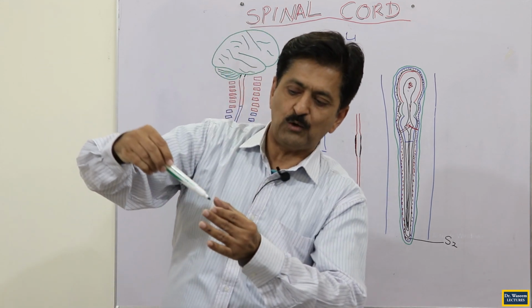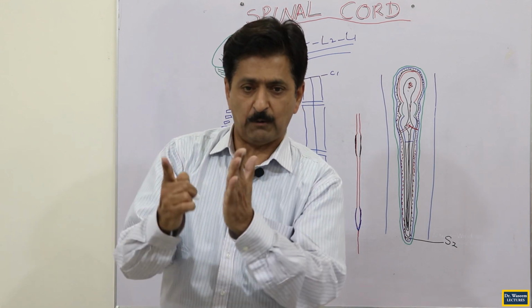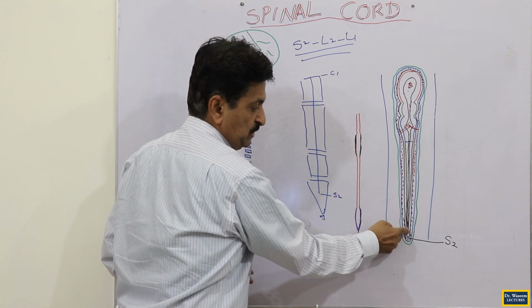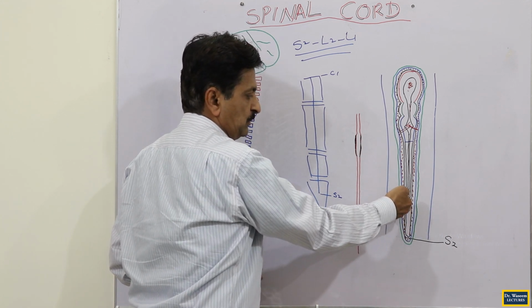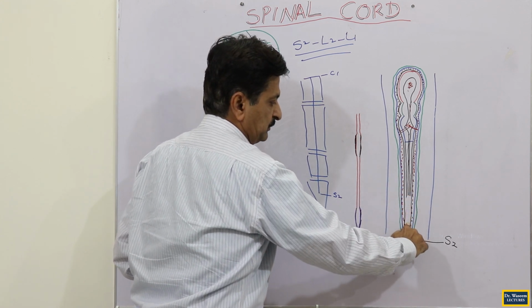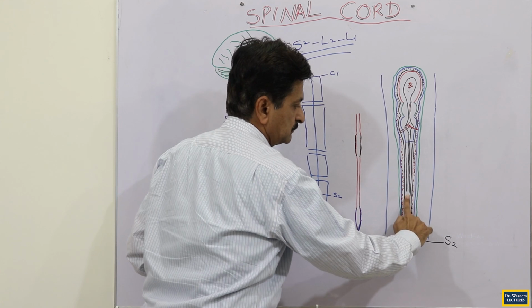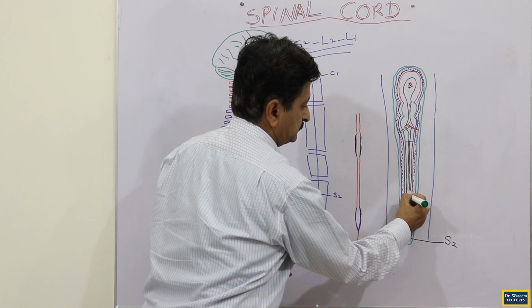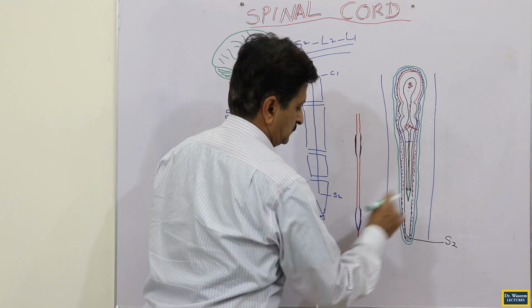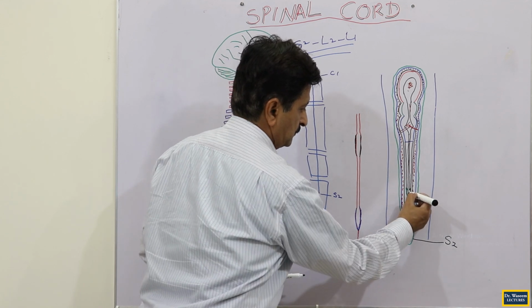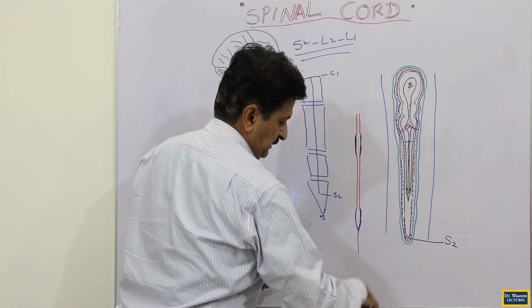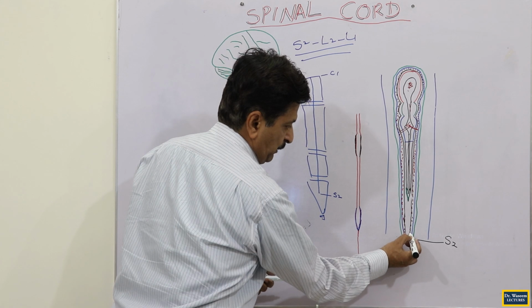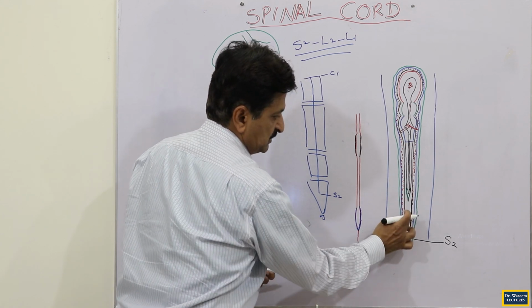When the spinal cord gets out of it, the innermost sac formed by the pia mater will become empty. Now I make this lower level up to L1, for example. So the sac of the pia mater will become empty.